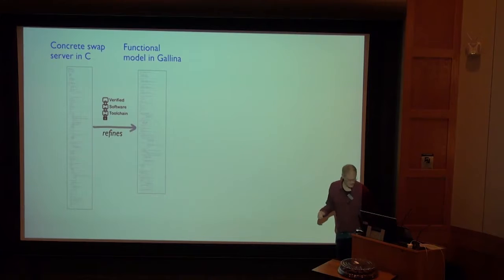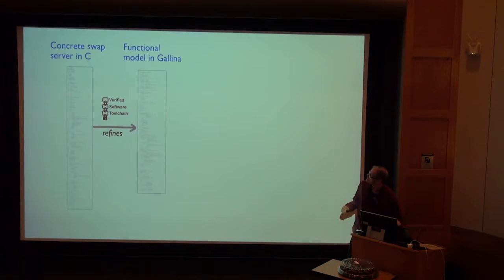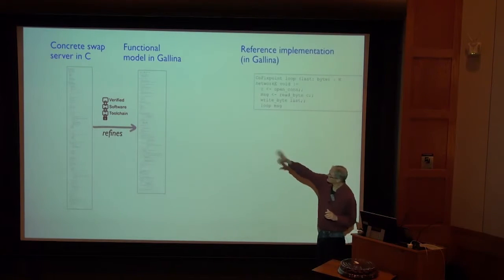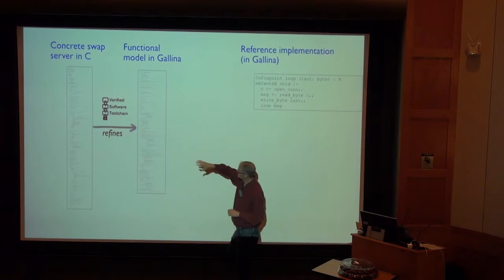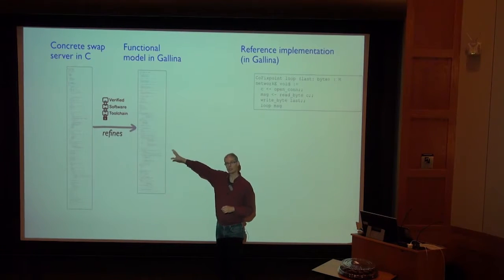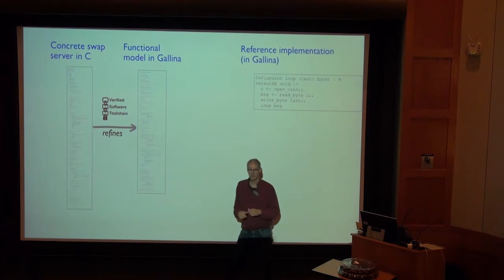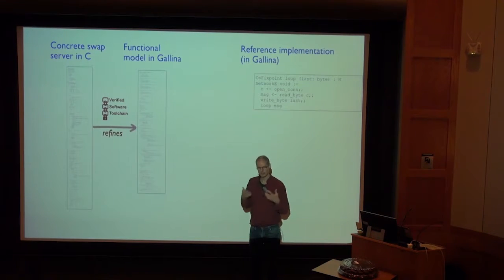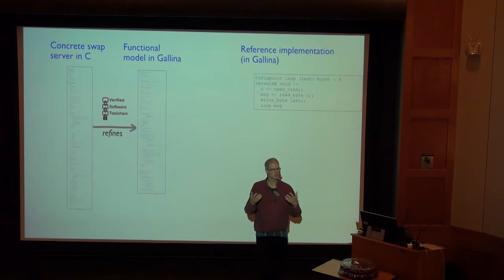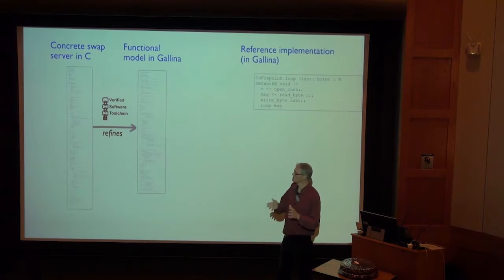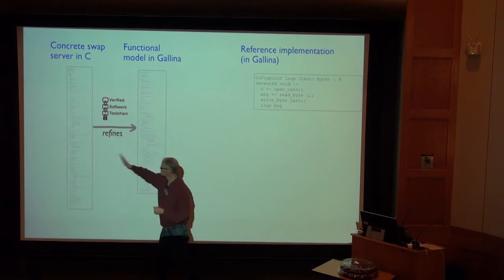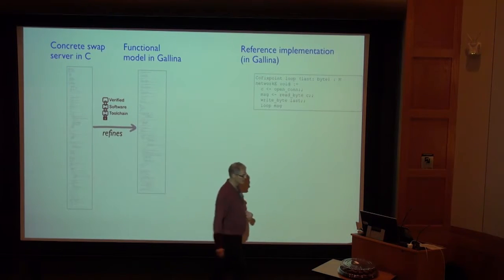Namely, we have the C implementation. We have a low-level implementation in Galena that uses functional data structures, and the control structure is maybe a little bit different from the concrete server, but it's rather similar to facilitate this proof of refinement in VST.